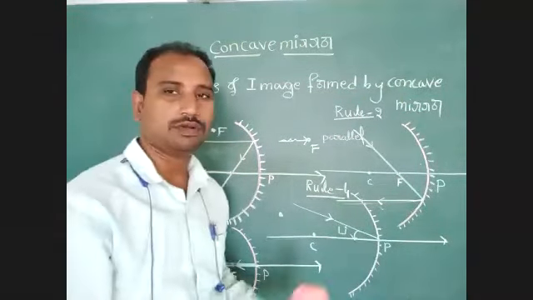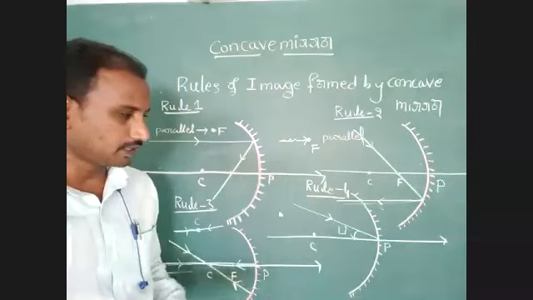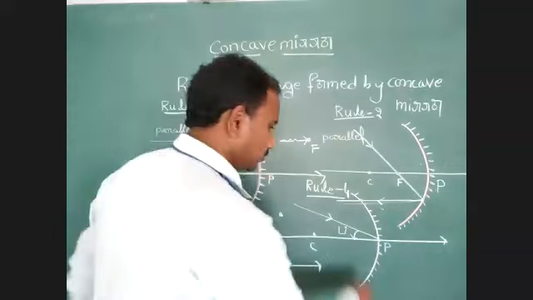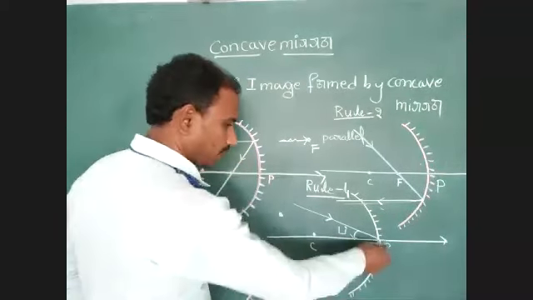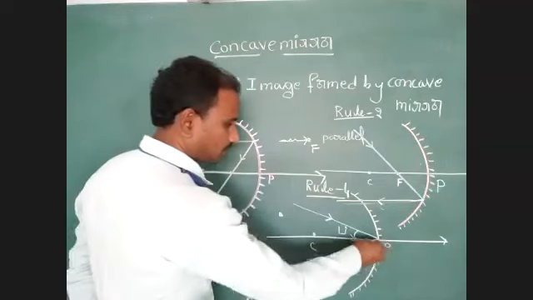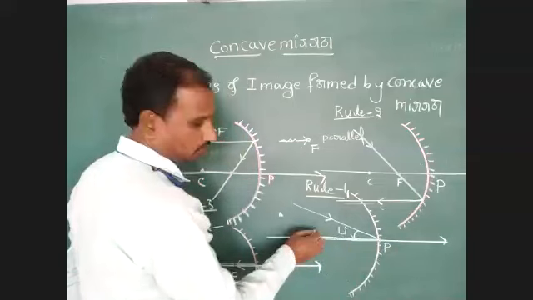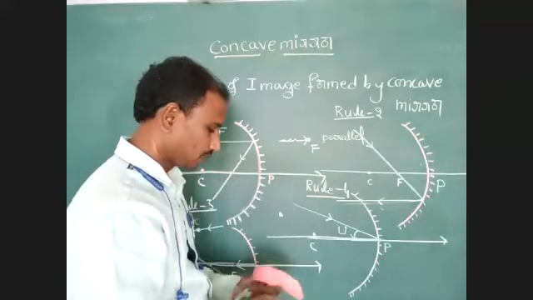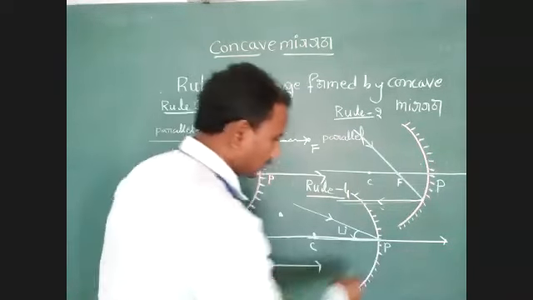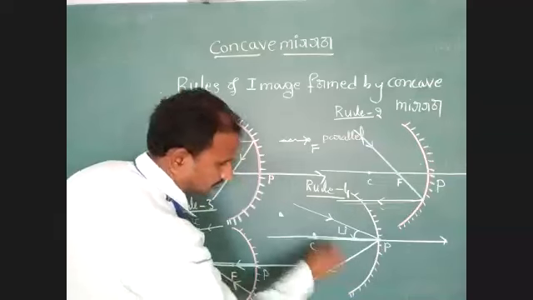Here, rule 4, you have to apply the law of reflection. So, angle of incidence equals angle of reflection. Draw the normal. The normal is always perpendicular to the curved surface and it is passing through the center of curvature. Now, draw the reflected ray.